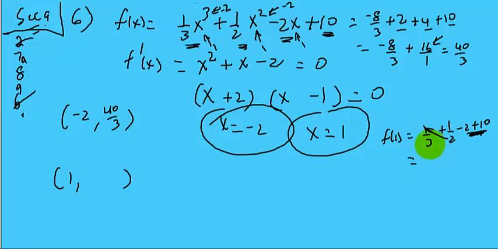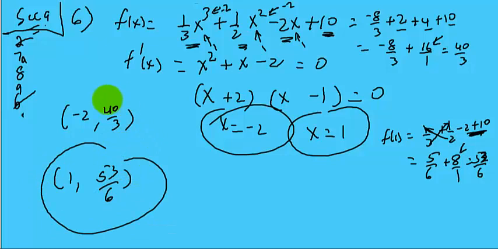That's 2, that's 3, that's 5, 6, okay, plus 8. Common denominator, 6, so what does that turn into? 52, okay, 53. 53 over 6. Now, you get full credit.